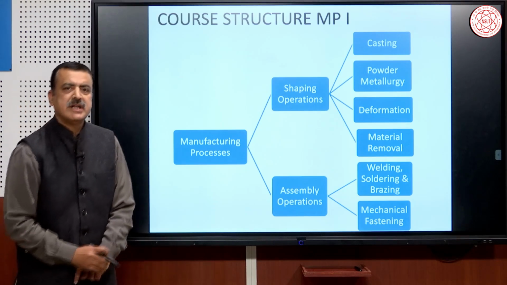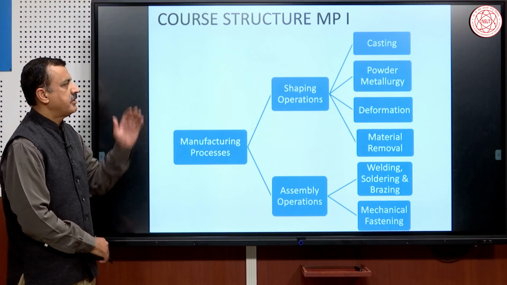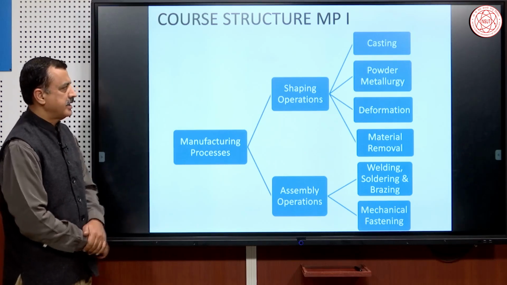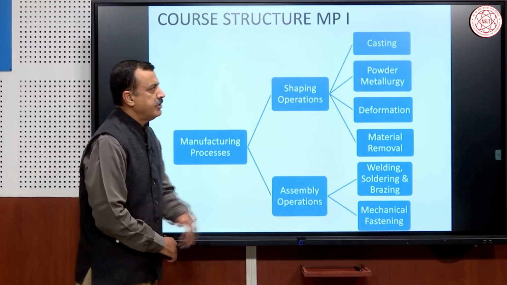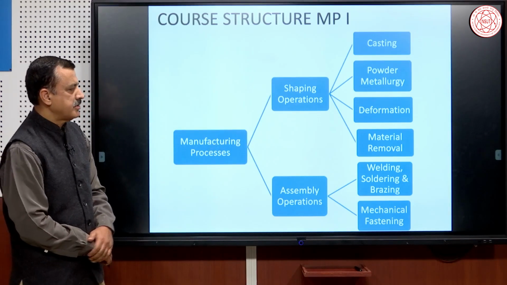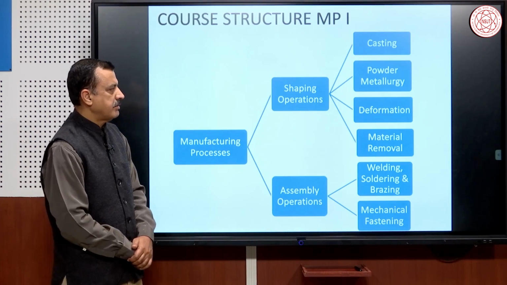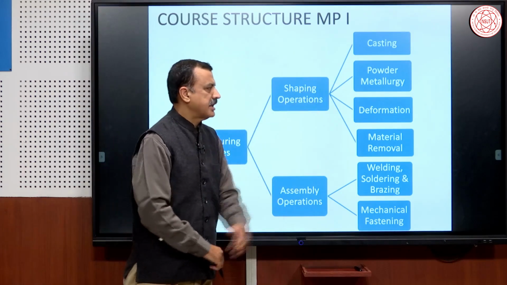Our syllabus is divided into 5 units. In Manufacturing Processes 1, the first unit was based on engineering materials. Second unit was based on casting processes. Third unit was based on welding, soldering and brazing. Fourth unit consisted of powder metallurgy.